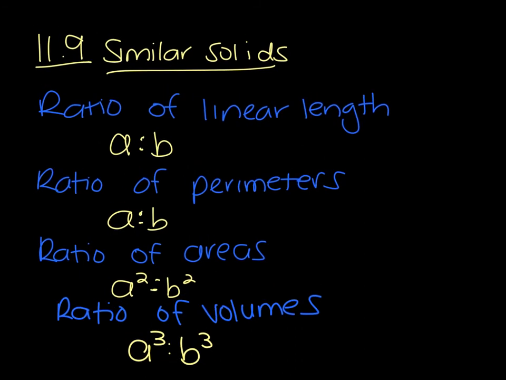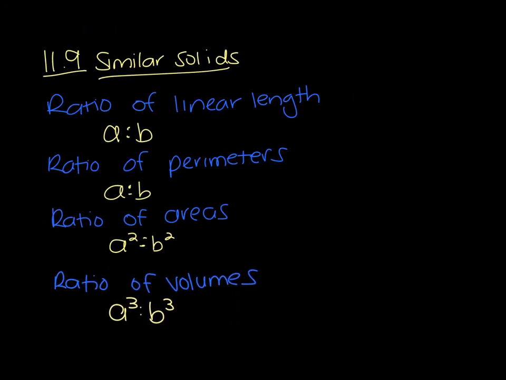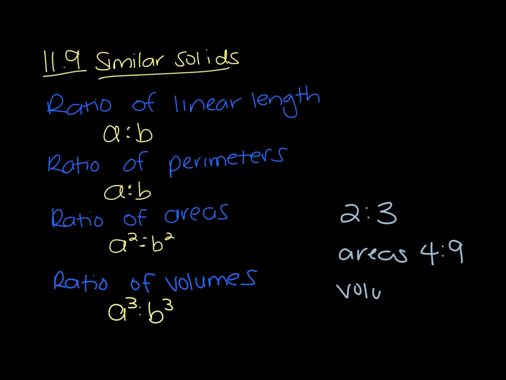So in these kinds of questions, you'll see where you would get the side lengths, and you'd have to find the ratio by squaring them. So if I said the ratio of two perimeters or two side lengths would be 2 to 3, then the areas would be 4 to 9, and the volumes would be 8 to 27.